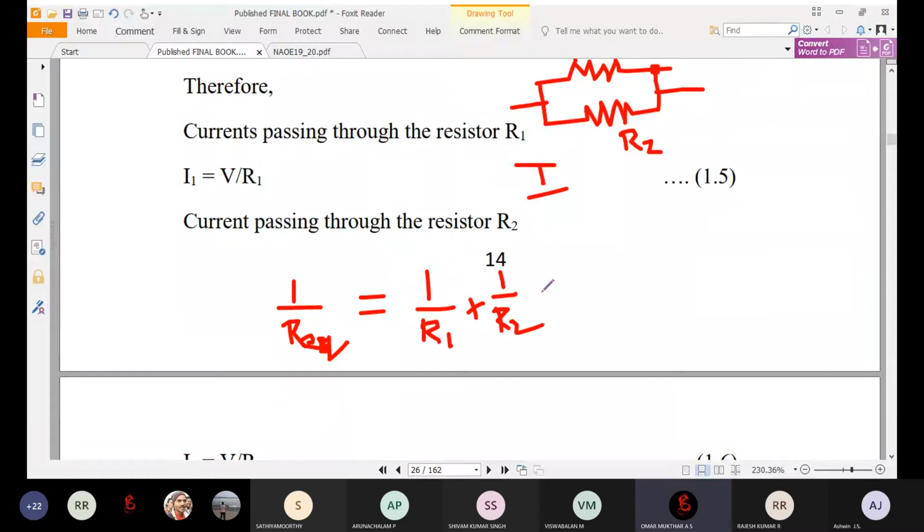Sir, 2.5 approximate. 5 milliampere. Yes sir, 2.5 only. You are calculating the resistance, not the current.